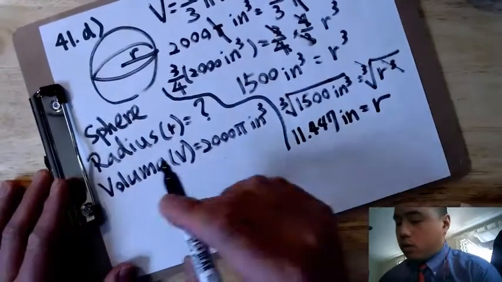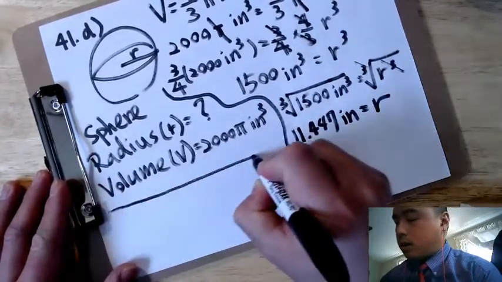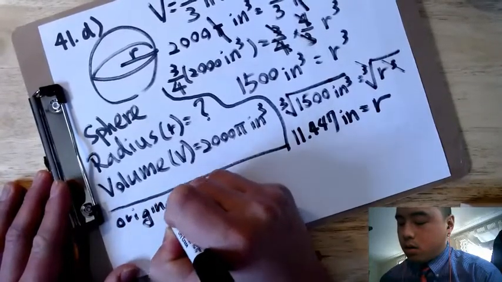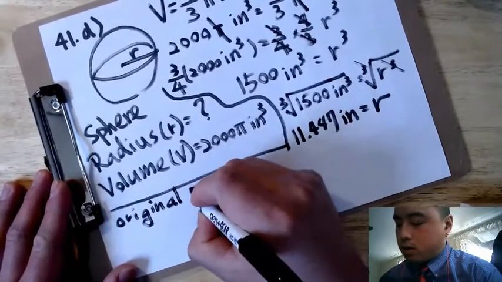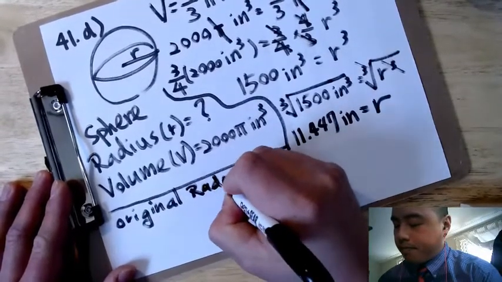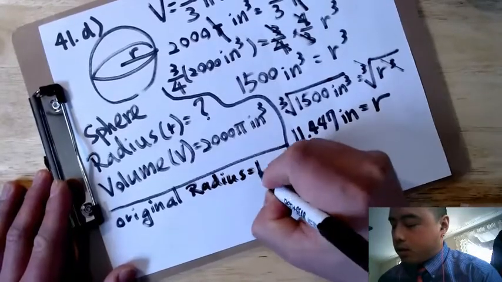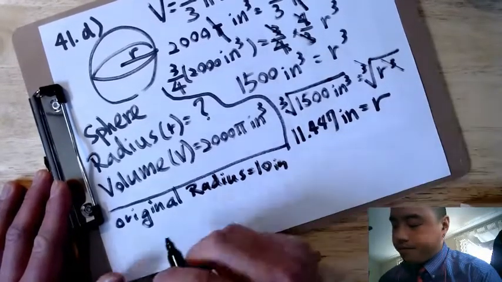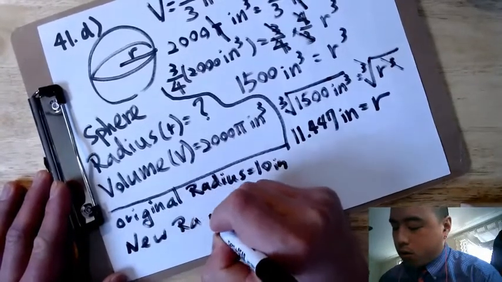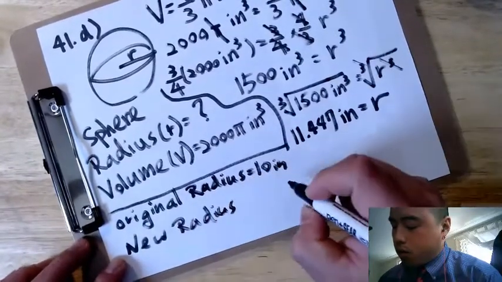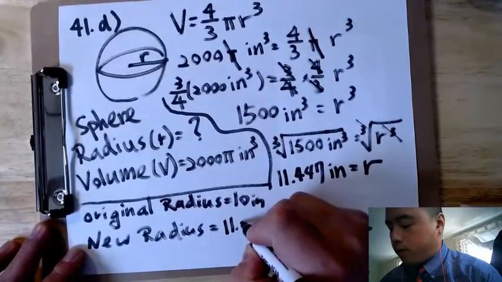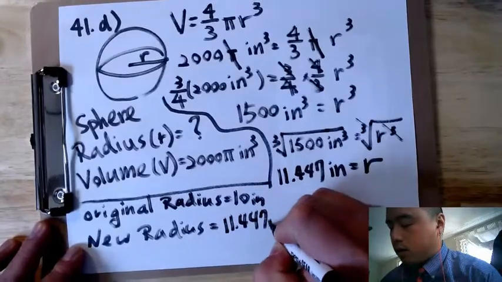So the original radius is 10 inches. The new radius is 11.447 inches.